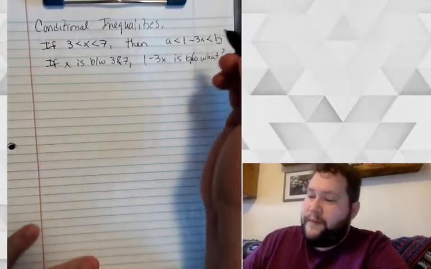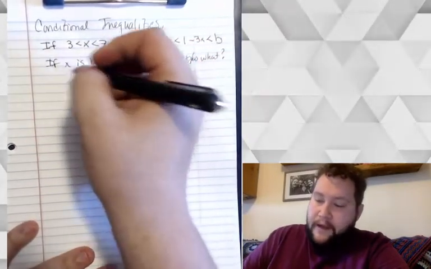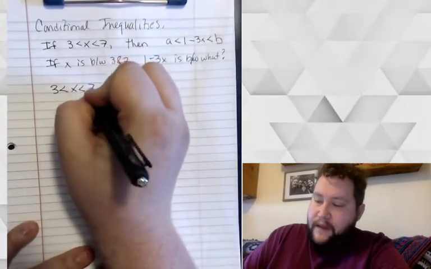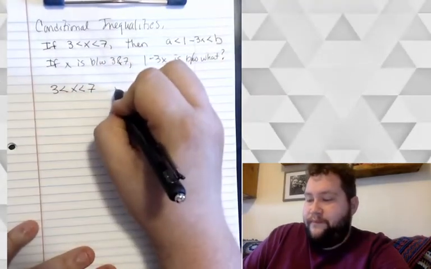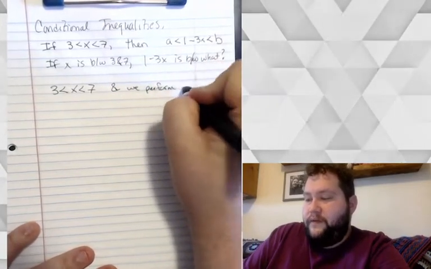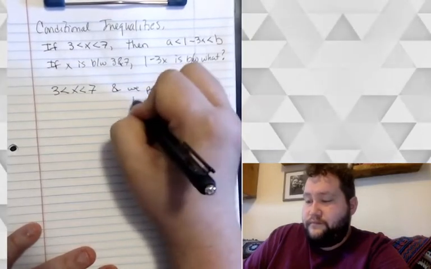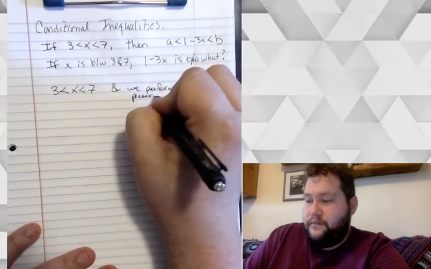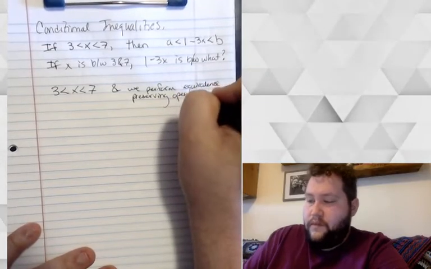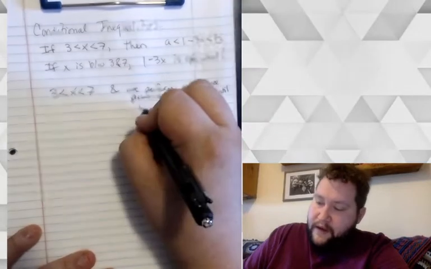And so we start with our given, 3 less than x less than 7, and we perform equivalence preserving operations until we have the target in the middle.